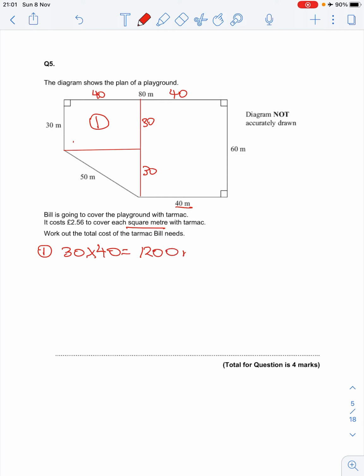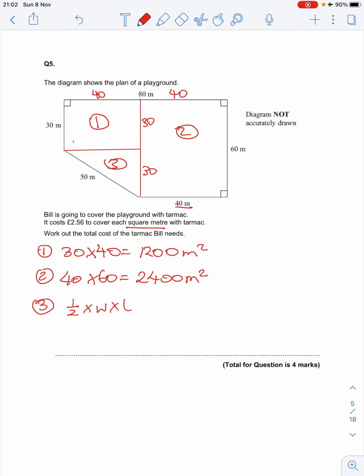It's 1,200 meters squared. Then for shape 2, we have the width times the length. We have 40 times 60, which is 2,400 meters squared. Part 3, we have a triangle. Remember the formula is half times width times length.